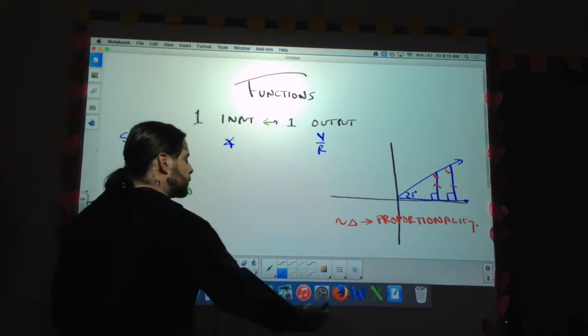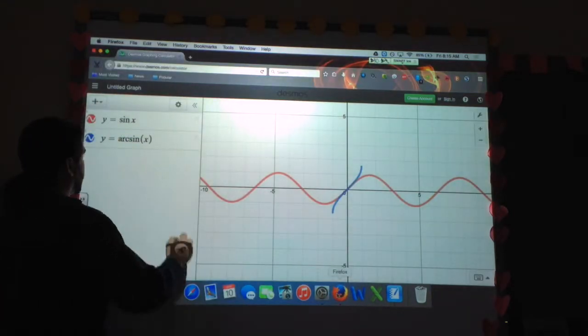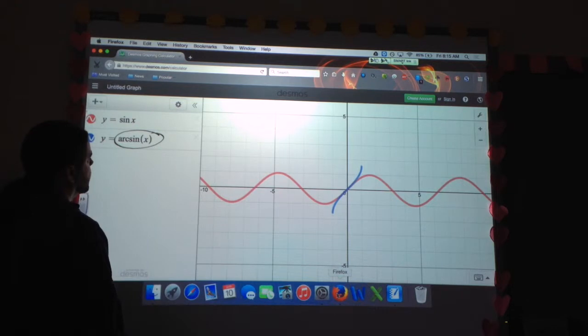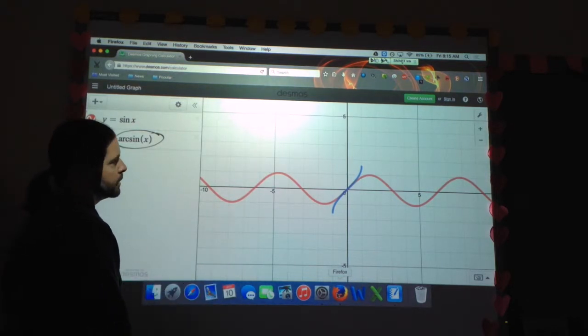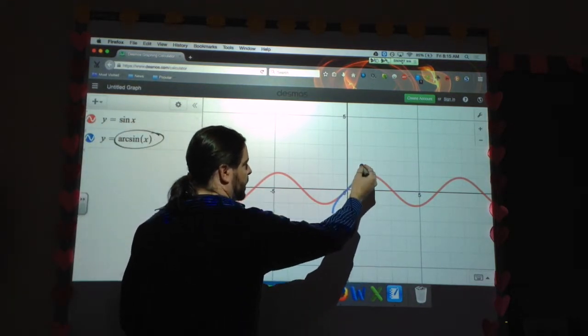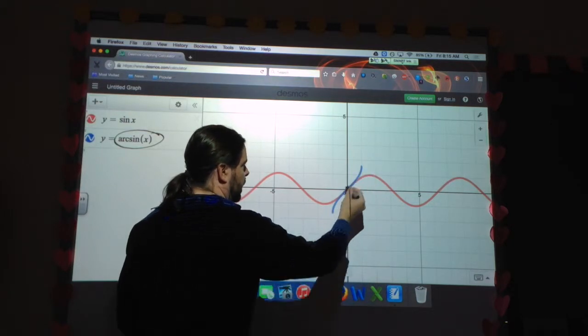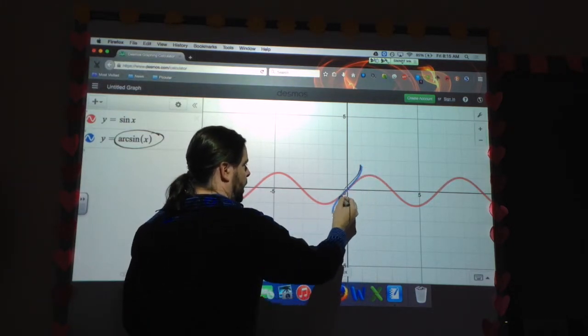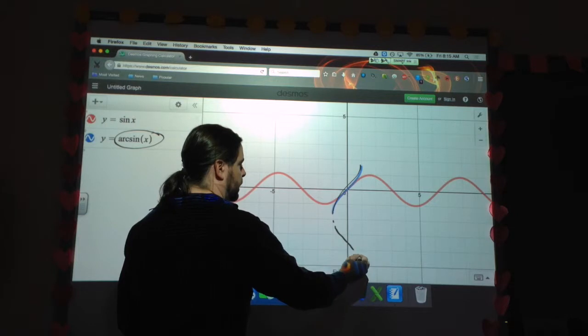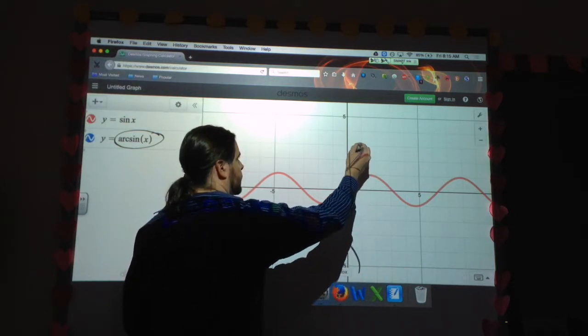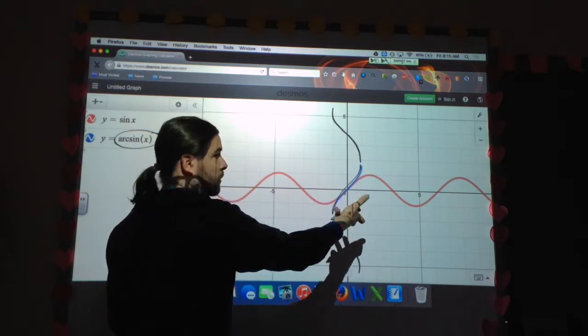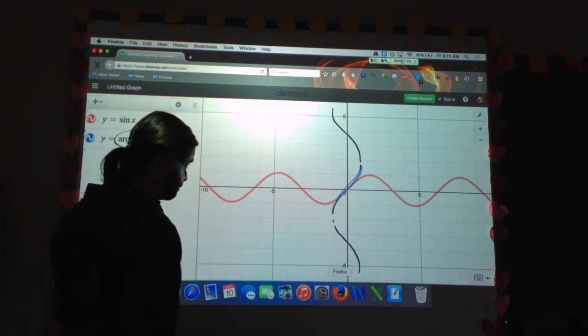Now, if you graph the inverse sine, or the arc sine, on a computer or a calculator, you will often see that it actually limits it. See this blue graph? It's stopping the graph. Really, if I kept going, what I would get is our sine graph rotated around the xy axis.